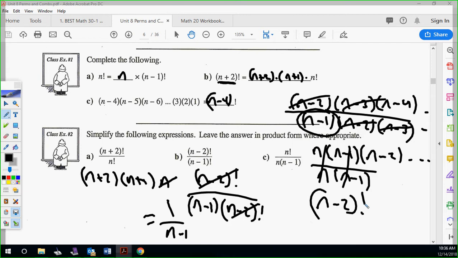If it was on the n, it'd be just 1 over n minus 1, because the n's would just cancel. Factorial is always declining: 8, 7, 6, 5, 4.